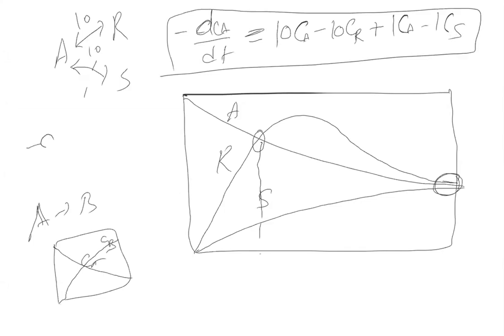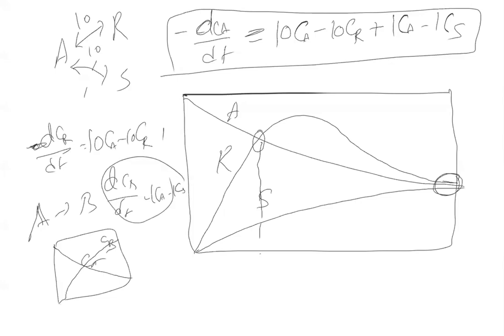Then dCr by dt is plus, because it is a product, 10 Ca minus 10 Cr. Then dCs by dt is 1 Ca minus 1 Cs. You have to solve these differential equations, then you will get the concentration profiles of A, R, and S. All these three equations you have to solve. That is not something we are interested in.